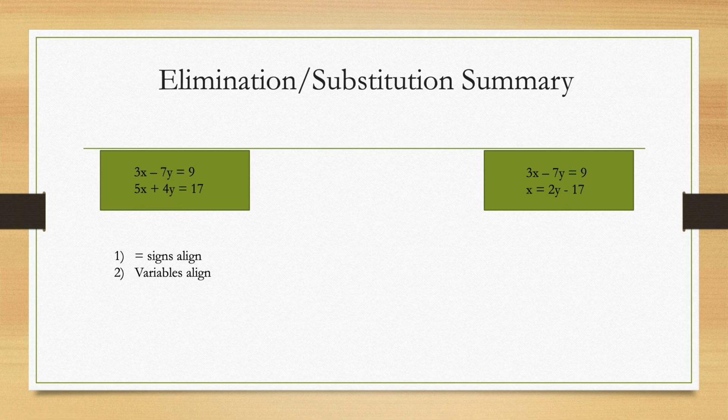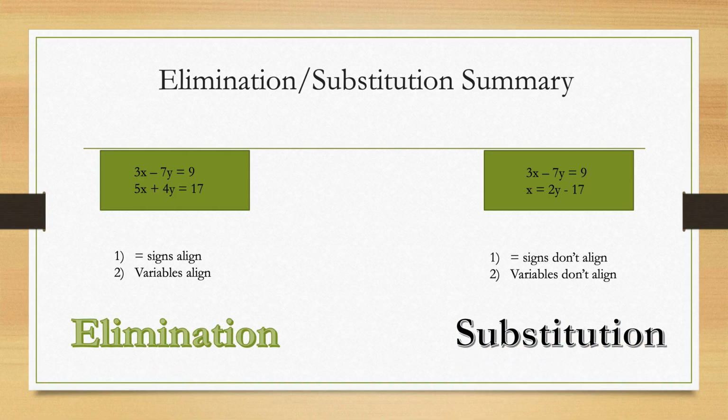If the equal signs do not align, if anything is kind of disjointed about it, or one variable is in terms of the other variable, that says to go to substitution. Those are the two techniques we've learned to solve algebraically, and the whole key is, I think each individual technique is pretty easy. You just have to apply the right technique at the right time. All right.